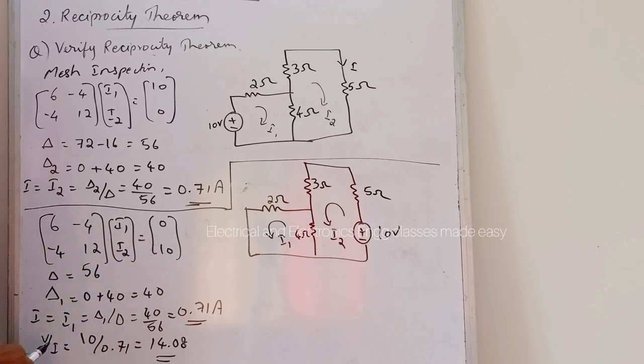Here also voltage divided by current is equal to 14.08. So in both the cases the response is same and the ratio of voltage to current is same. Hence the reciprocity theorem is verified. So that is about the reciprocity theorem.